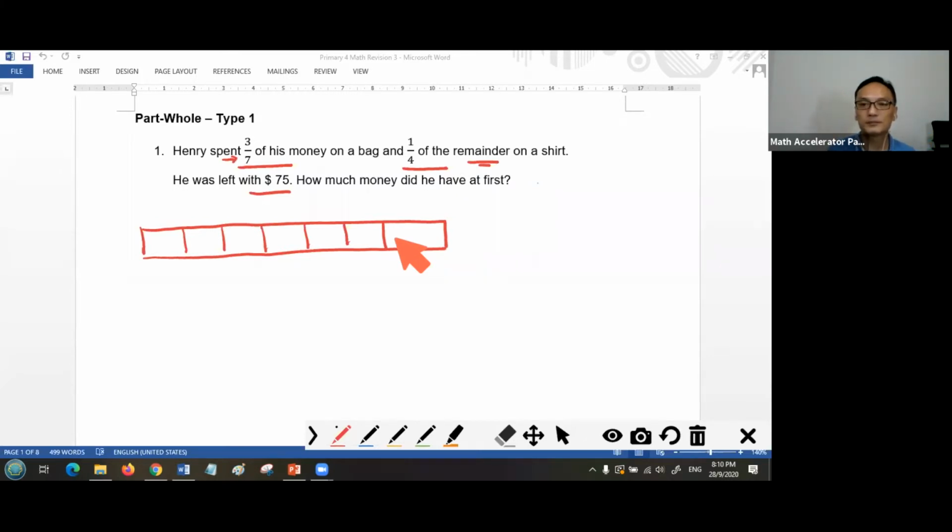Done? From 7 units, my next question to you is, how many units must I shade for the bag? Right, 3. Thank you, Dira. Thank you, Namira. Amelia also. So we're going to shade these 3 units for the bag.